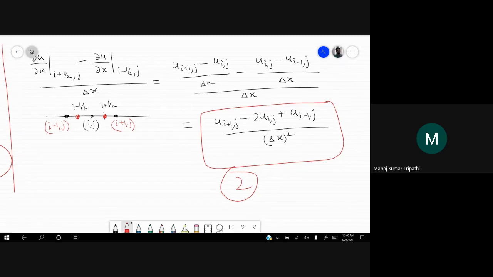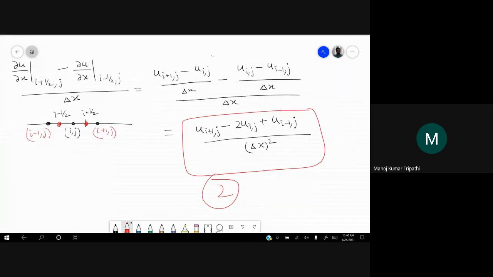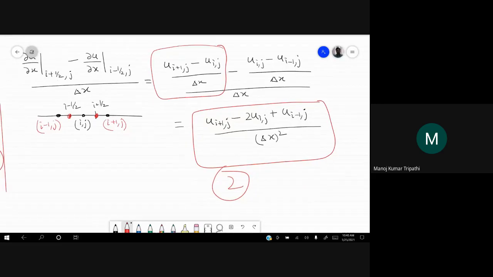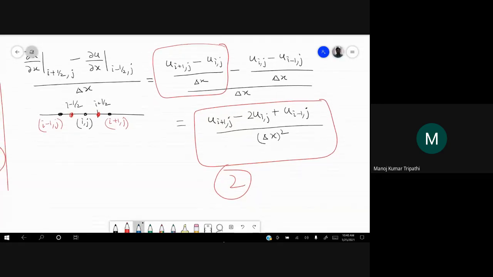And then when we are at I plus half and we wrote this formula, u_{i+1} minus u_{ij} by delta x, for I plus half, these 2 points are on either side of this point. So this is also a central difference formula. And we have seen that for central difference, order of error is less than that of forward difference.